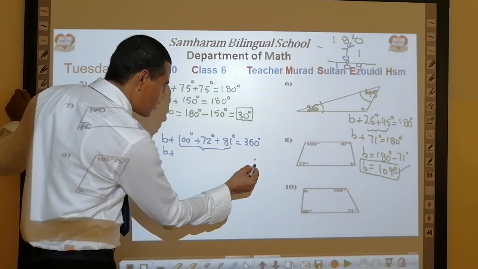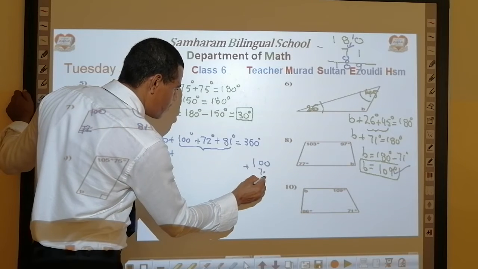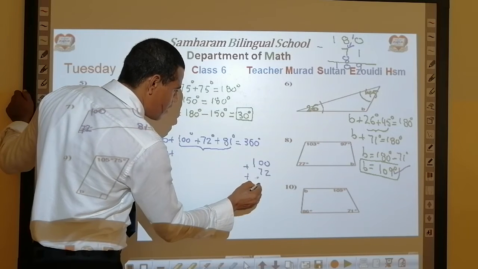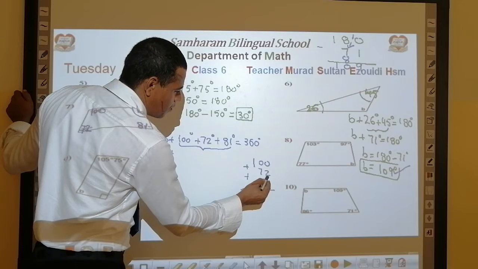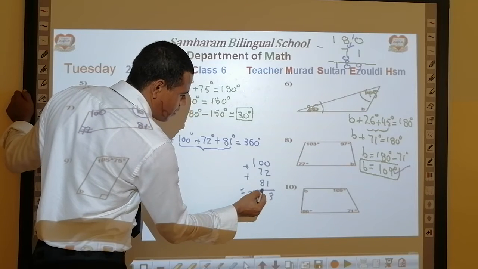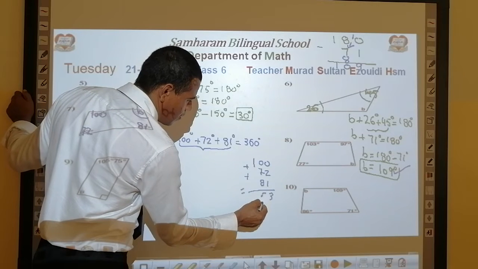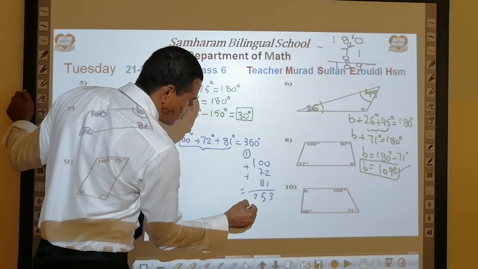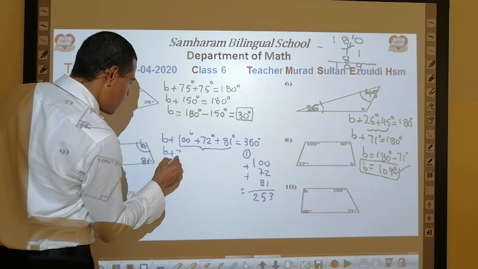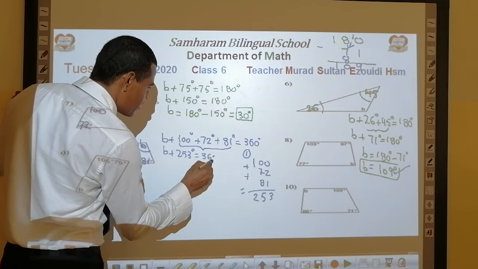So I will make B plus, I will add all of this. 100 plus 72 plus 81 equal: 1 plus 2 plus 0 is 3. 8 plus 7 is 15. 15 plus 0 is 15. I write 5, then I will carry 1. 1 plus 1 is 2. So it will be plus 253 degrees equal 360 degrees.